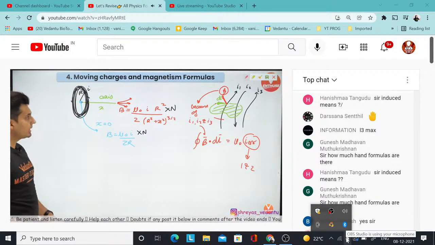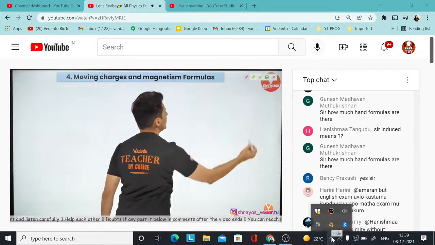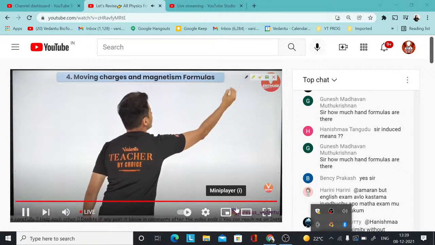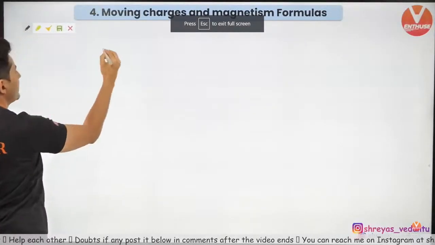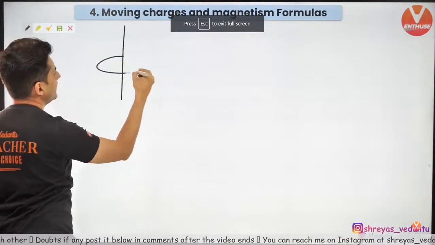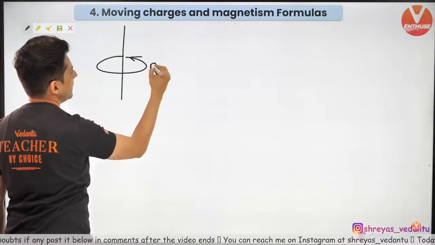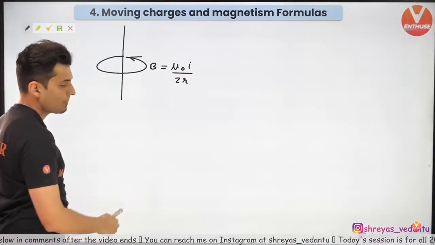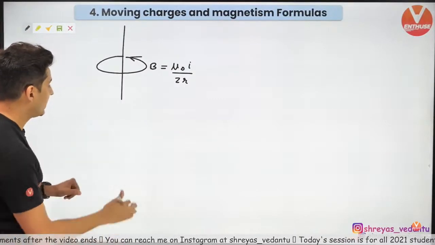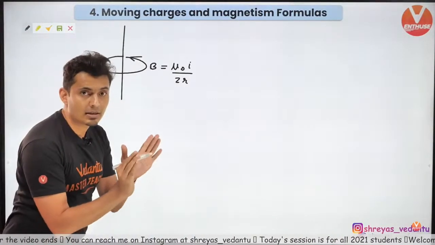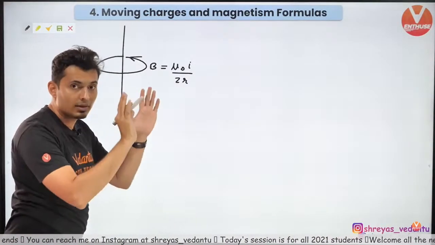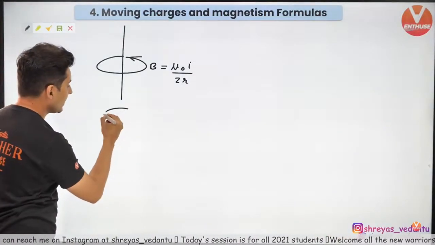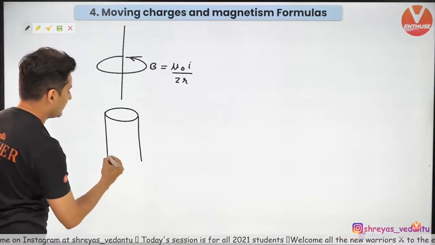Now, the next thing that you need to remember is field due to straight wires. The field due to a straight wire at any point will be mu naught I by 2 pi r. This is the formula. But I hope you have seen that question which I had marked yesterday, an important one. If you are inside that wire also there is field.